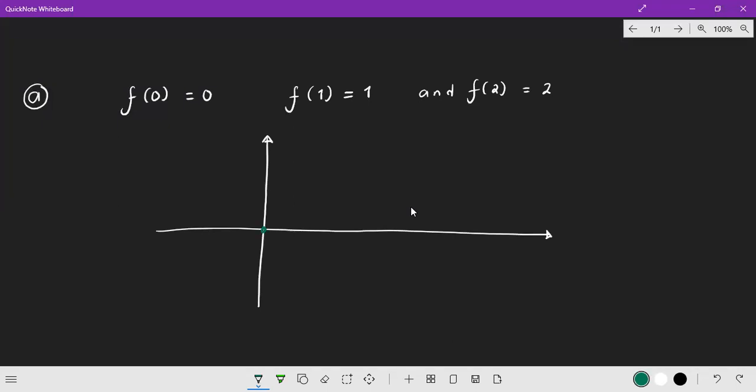The point here at the origin is 0, 0, because when x goes to 0, y also goes to 0. Then I have a point at 1, 1, when x goes to 1, y is equal to 1. And also a point 2, 2, when x goes to 2, y is also equal to 2.